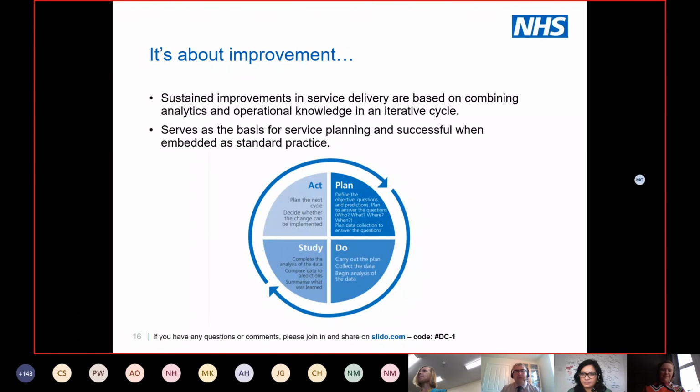So in terms of your demand and capacity journey, ultimately what we're looking for is sustained improvements in service delivery, and these come about from combining the analytics and the data and operational knowledge in an iterative cycle with all of your key stakeholders working closely together. And when you get it right, it really does serve as the basis for planning services and planning change within your service. And when you're successful, it's when it's embedded as standard practice.